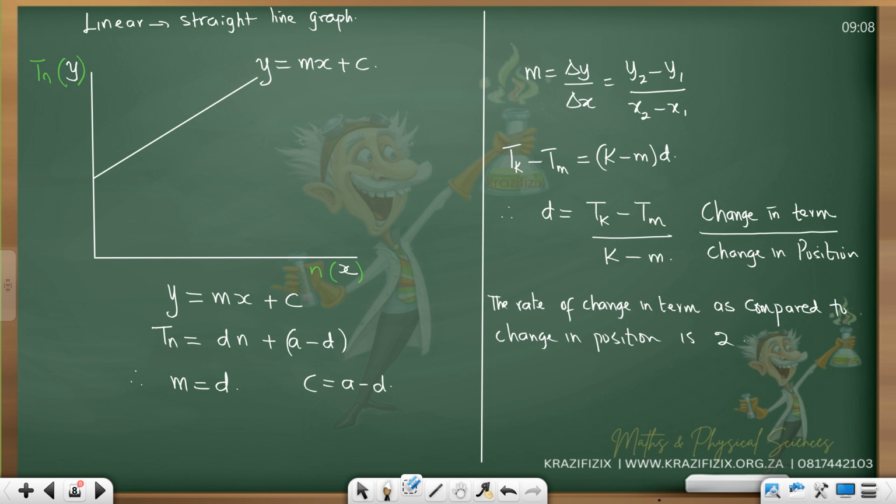Or don't let me use the word rate. Let me first say the change in term. I'm basically saying D is 2, because we're talking about gradient: the change in the y value with respect to the x value.